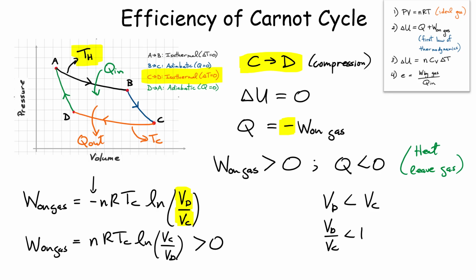This here is bigger than 0. And the last thing at the end to calculate the heat, it's just minus that value. So that's very easy to do. So Q, let's just write Q leaving the system now, is going to be minus NR TC natural log of VC over VD. All right, we've got one more process to look at, then we can put it all together.